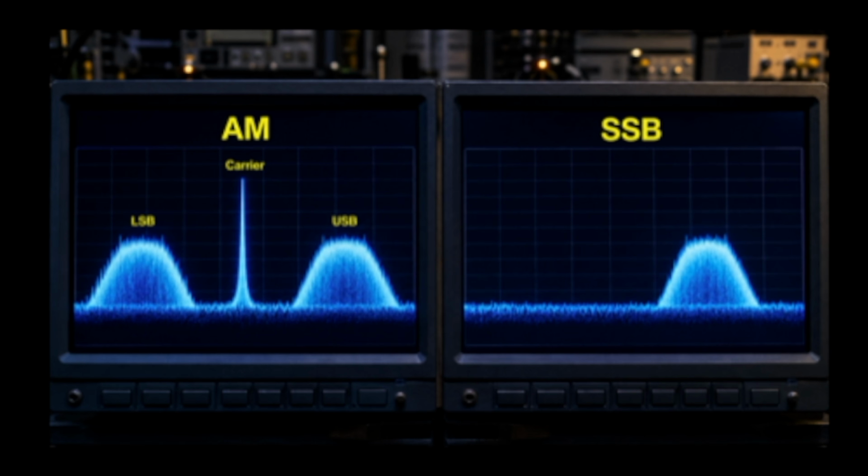So let's return to the question we asked at the very beginning. Why does single sideband use so little bandwidth? It isn't because your voice was compressed. It isn't because half of your speech was removed. It is because engineers found a more efficient way to transmit the same voice information.